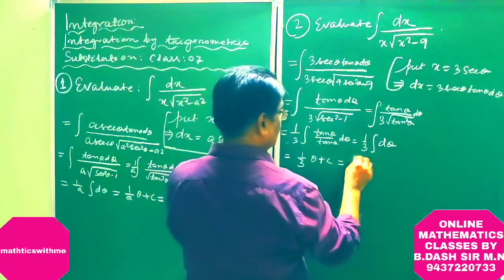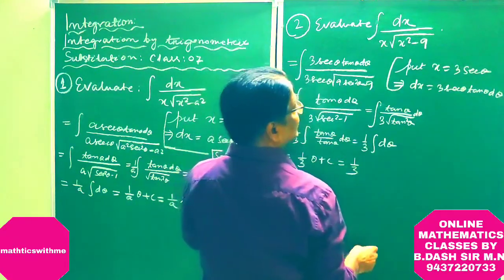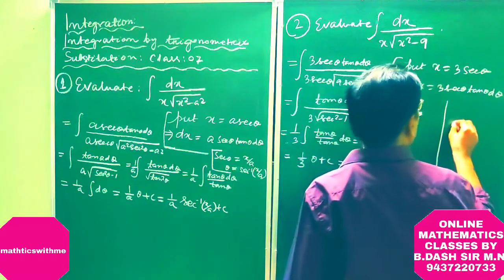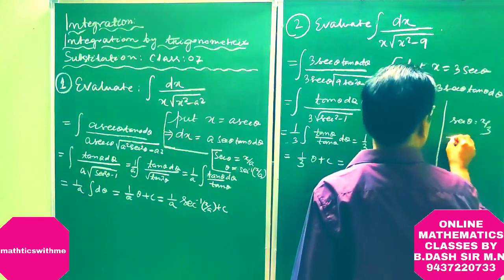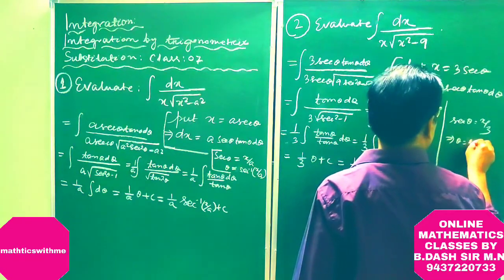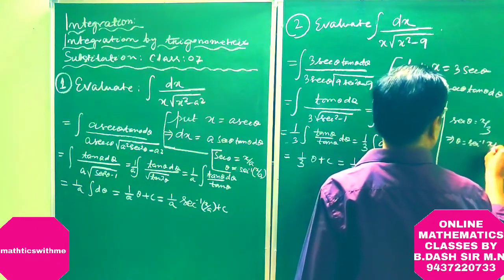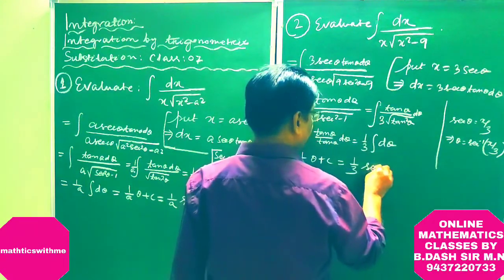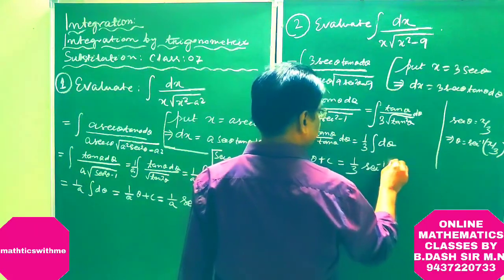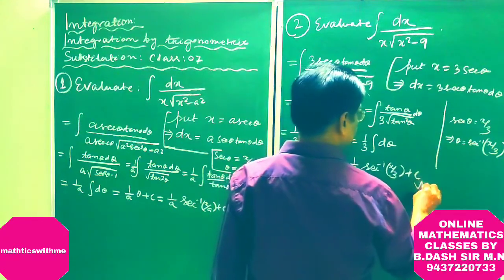Here sec theta is equal to x by 3, implies theta is equal to sec inverse x by 3. So this is 1 by 3 sec inverse x by 3 plus c.